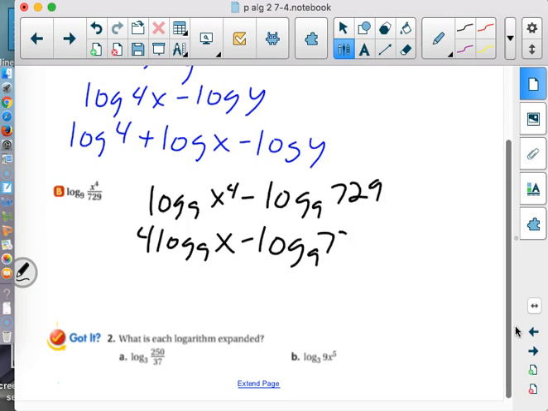Now, there's a possibility that there might be one more thing that we can do with this problem, and that would be if the back end there snail shells to something nice. Is 9 to the something 729? It looks like it might. 9 to the 3rd?